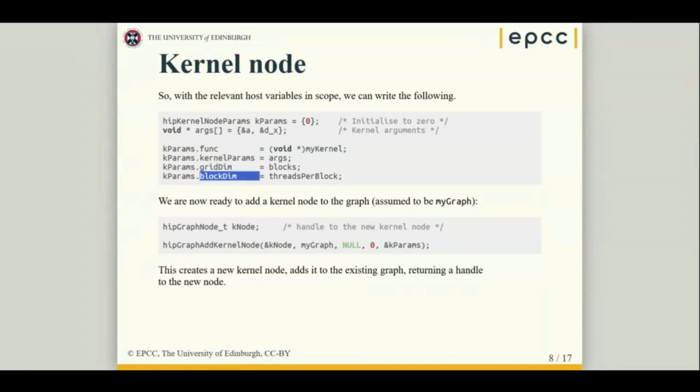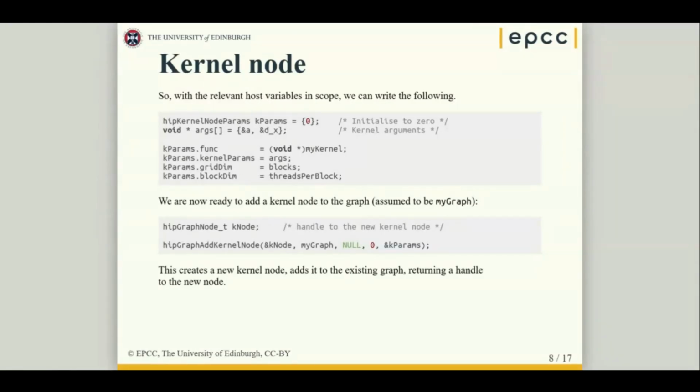So I initialize it with the function that will be my kernel, the arguments that have been defined here, blocks and threads per block. Now I'm ready to add the kernel node to the graph.